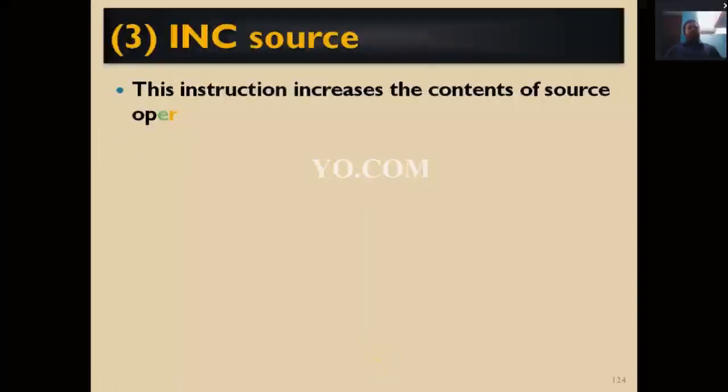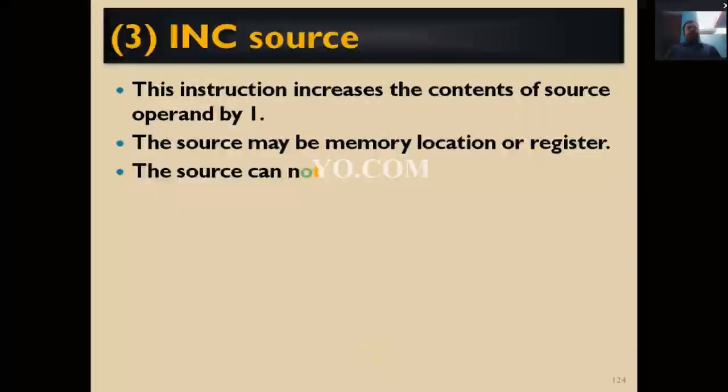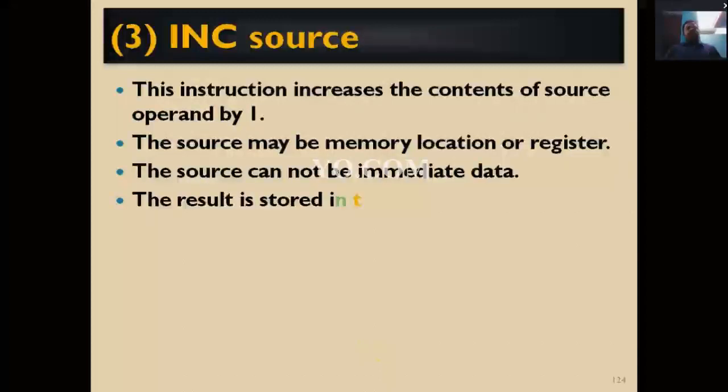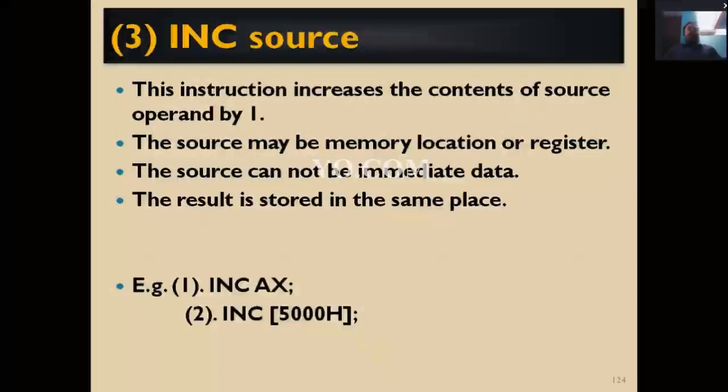Then INC source. INC represents increment source value. The source may be data or address. Whenever we execute INC AX, AX equal to AX plus 1. Then INC [5000H], this is a memory address because we are having the brackets here. So 5000 is incremented to 5001. That memory address is incremented.